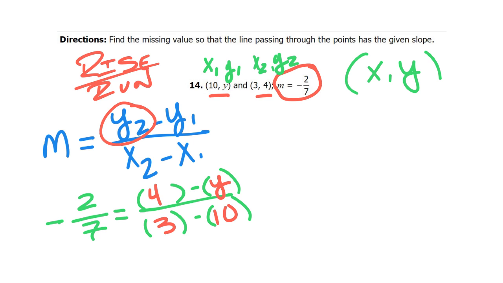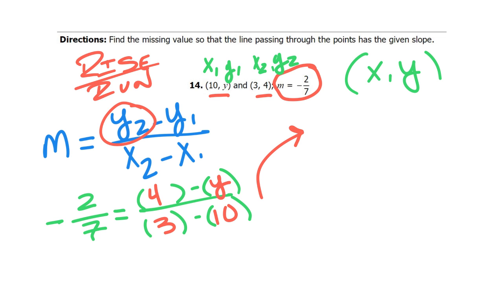And now I just go into solving mode. I'm going to use one of my favorite properties, the cross products property, to do this. I'm going to go over to the next column.